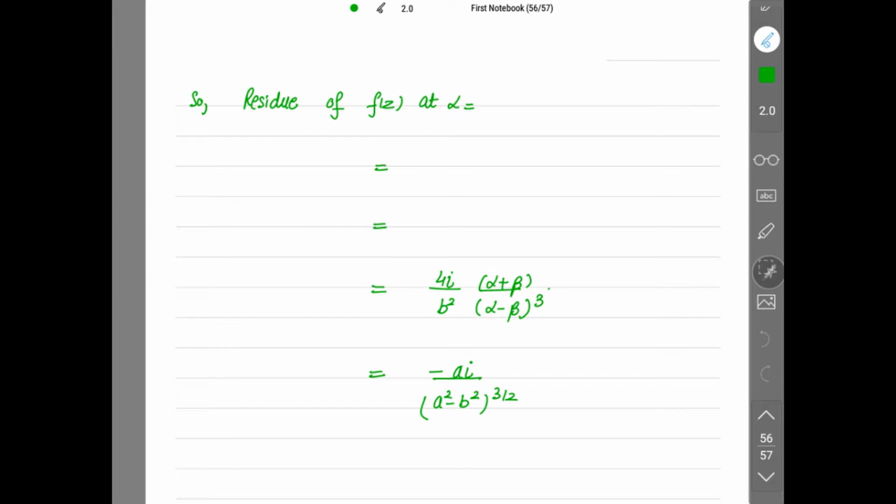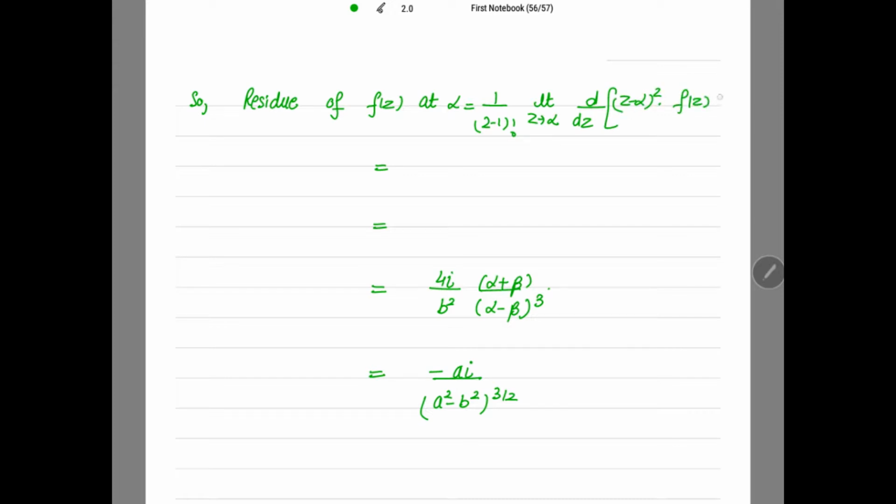So residue of f(z) at alpha is equal to 1 over (2 minus 1) factorial, limit z tends to alpha, d by dz of (z minus alpha) whole square into f(z). Write down the value of f(z) over here in the next step. So this is limit z tends to alpha, 1 over 1 factorial, that is 1 only.